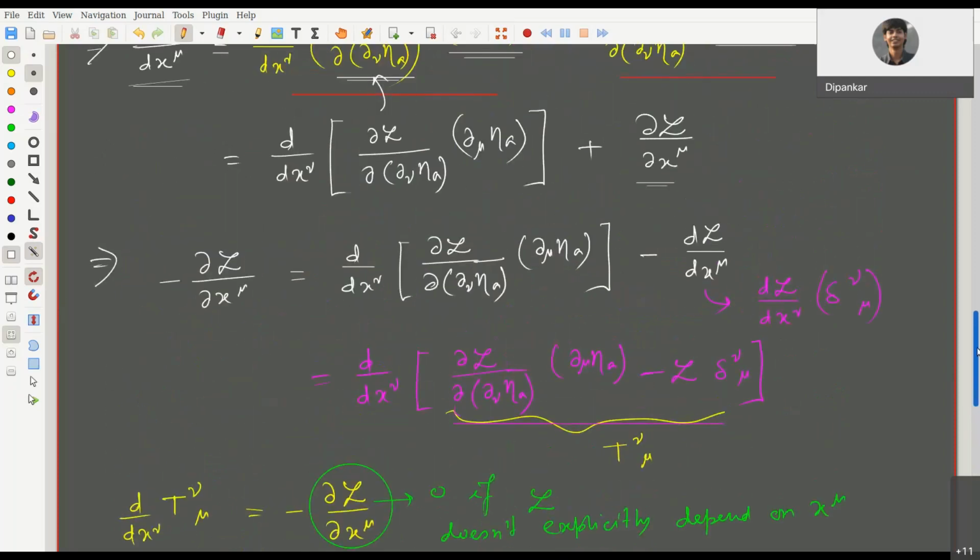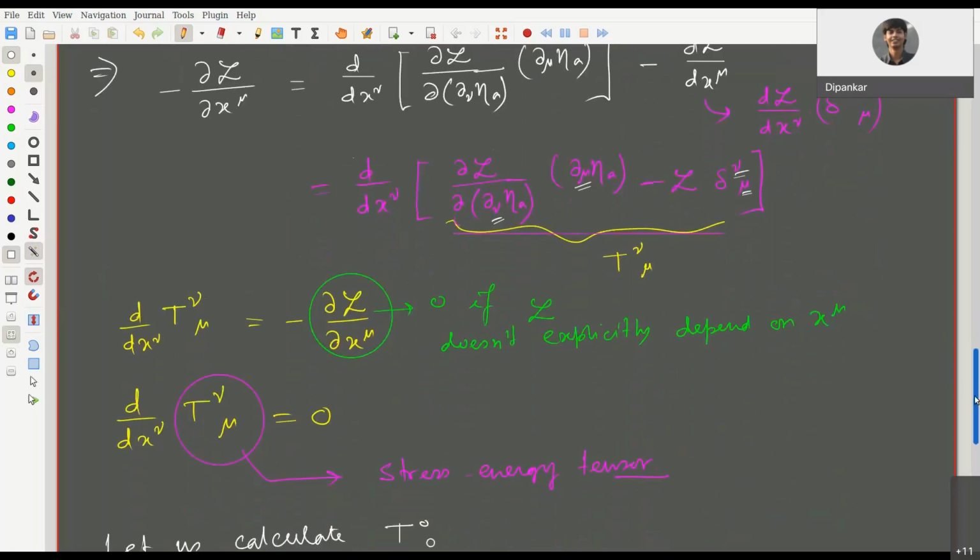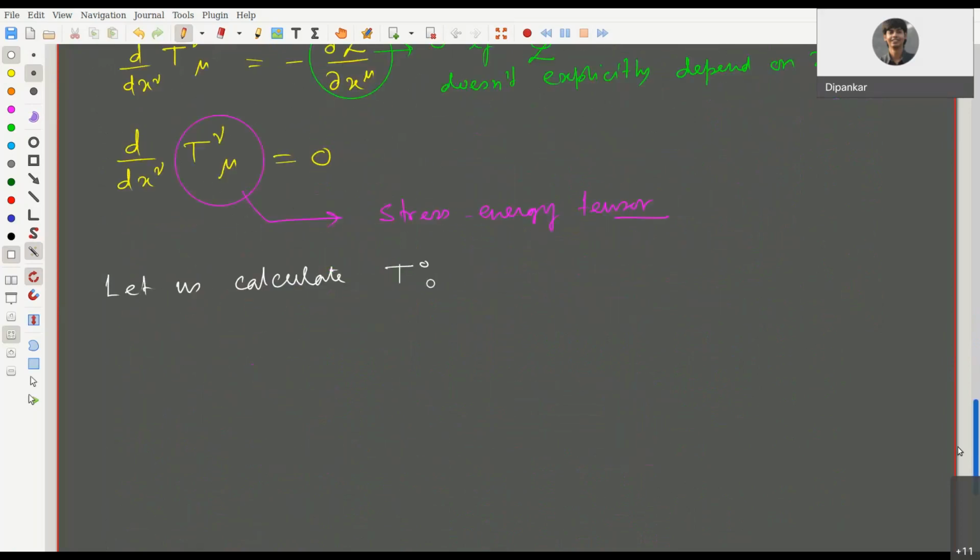This T00 is just by replacing nu by 0 and mu by 0 also, and remember delta 00 would be 1. Okay, so it has the same structure. So this delta 00 should be 1, and then you have everything 0 here.